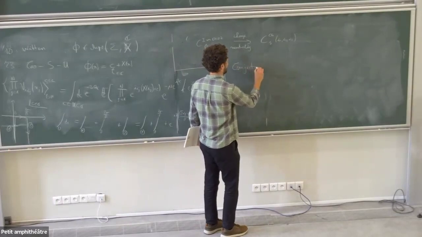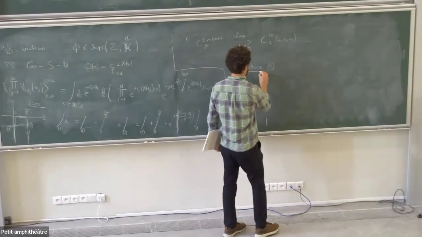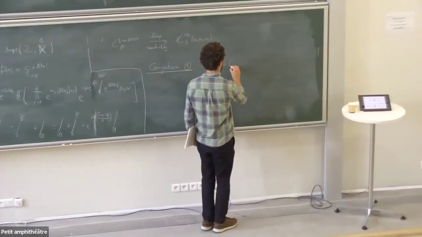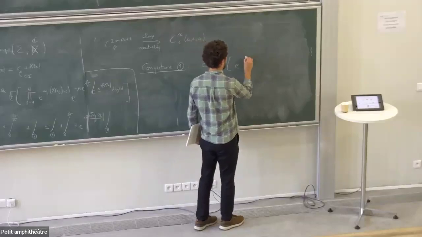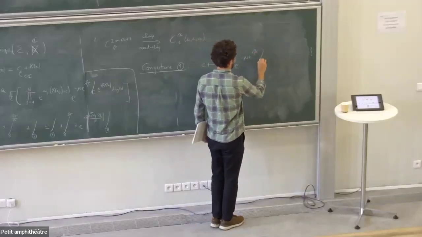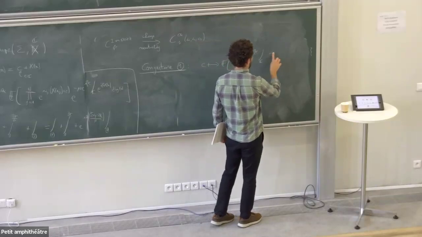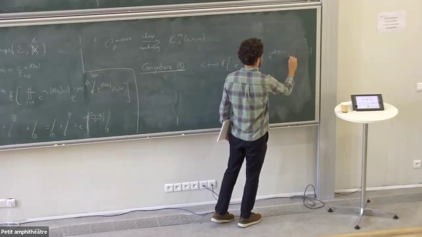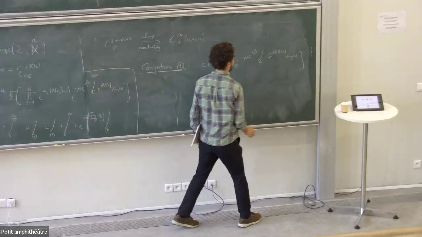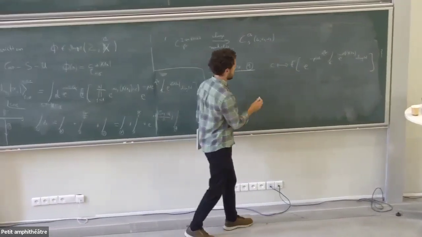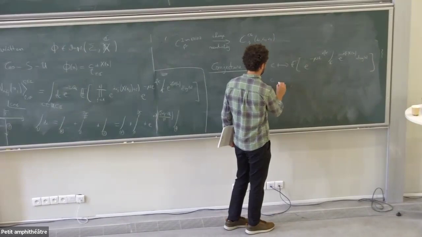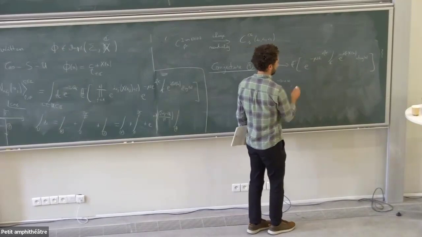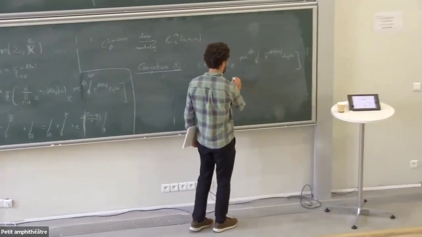So conjecture one is that the integral is in fact convergent. So if I look at this function of the zero mode, which is related to the interaction term, we believe that when we go on the branches of the contour, that is when c goes to minus i infinity, this function has the following behavior.